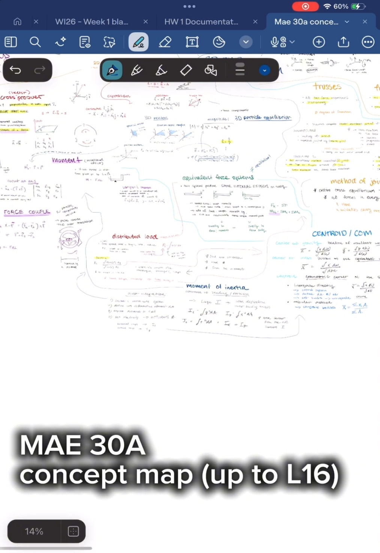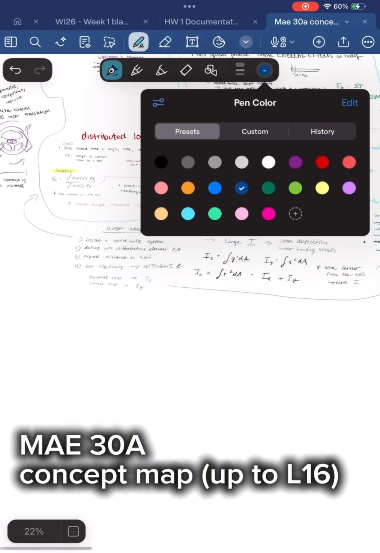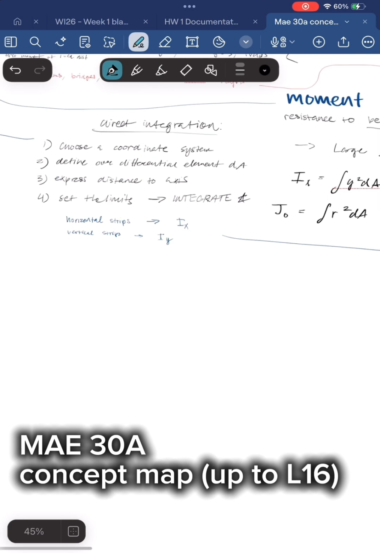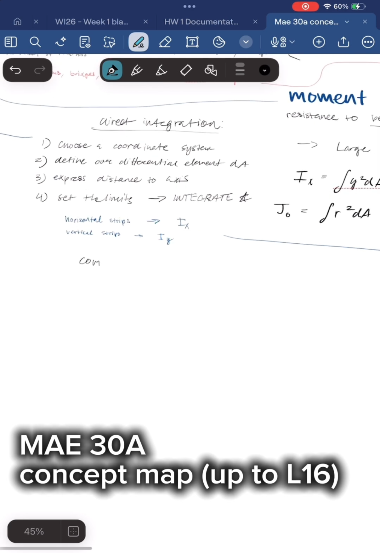But we've also got a more simple method for composite areas, or bodies.